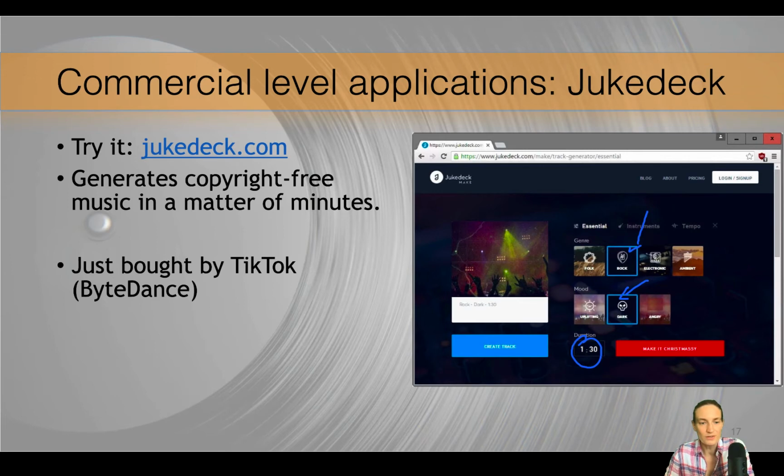It's pop music, so it's very mellow, but it's a very nice system. I wouldn't be surprised if we see this adding on to TikTok's functionality very shortly.